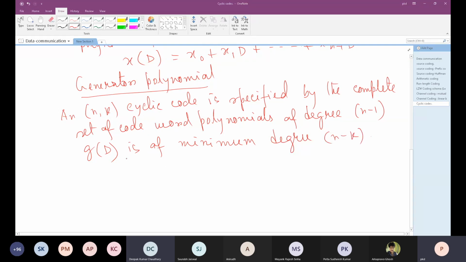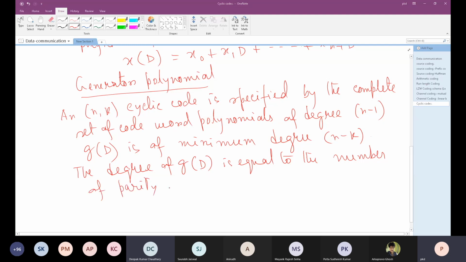The degree of G(D) is equal to the number of parity bits in the code.